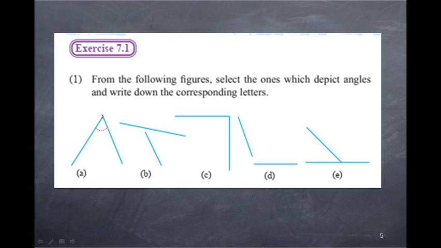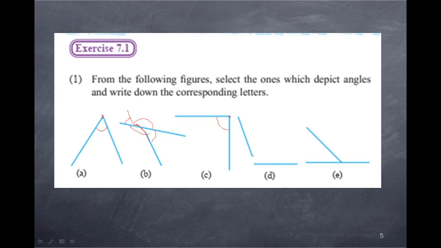Here, look at the B. We can extend these two lines a bit, and here we can find angles. One angle, and if you extend a little bit, another one here, another one here. Here, look at this. There are two arms, there's a vertex, and there's an angle here.